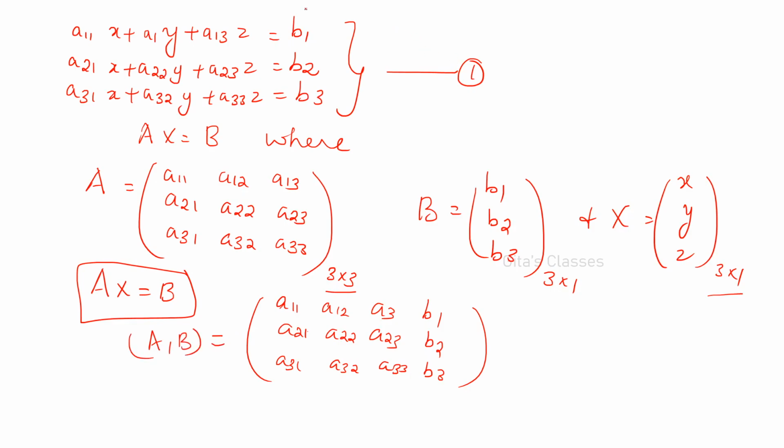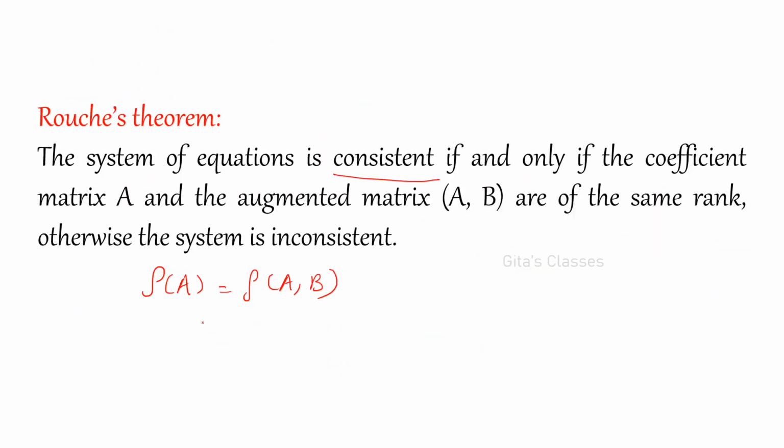The constants are there, no? You write the coefficients of x, y, z in the form of A and the constants, the right hand side matrix B, you write it in the last column. That will give you the augmented matrix A comma B. So if rank of A and rank of A comma B are equal, then only it is consistent. And we have different conditions, I'll tell you that.